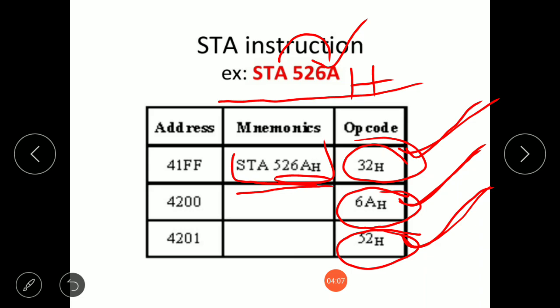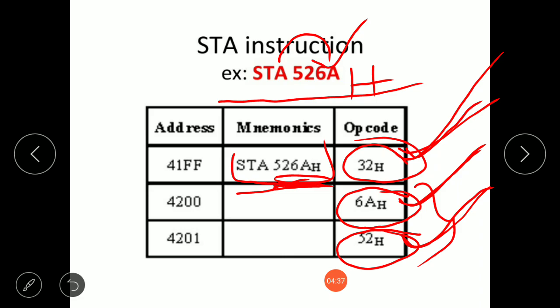How many machine cycles will be needed for the execution of this instruction? The first machine cycle fetches the opcode from memory, that is the opcode fetch machine cycle. Once the opcode is fetched and decoded, the microprocessor knows it needs to store the content of the accumulator into some memory location, but it does not have the address because the address is stored in memory.